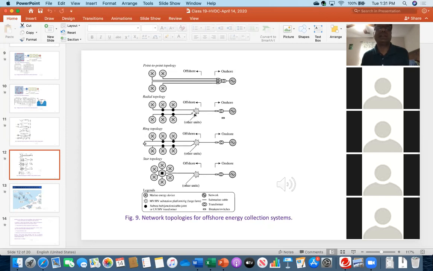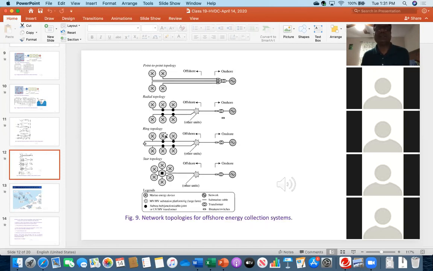Then on the bottom line there is another set, and again all those are connected together. Therefore, all conversion systems are connected at this point, and from there one common line goes to the onshore system. That's why this is called the radial topology.